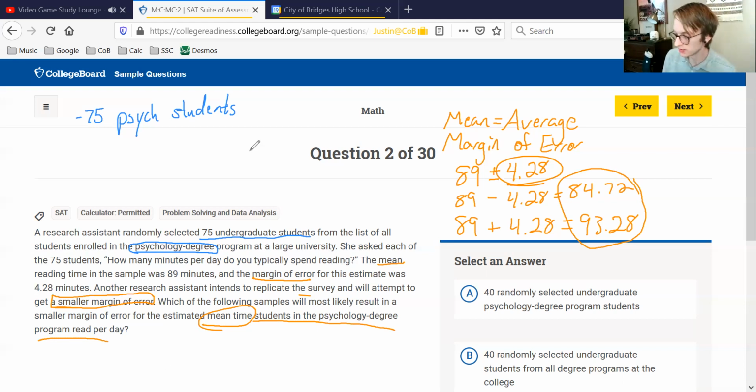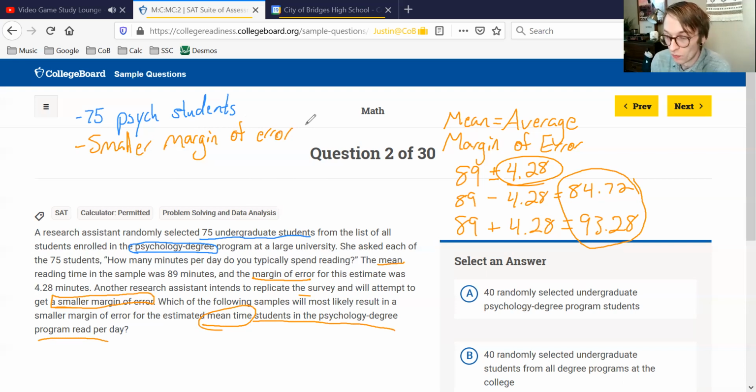What is this question asking? We want a smaller margin of error. Here's what this question comes down to. Everyone's different, right? But some of us are more different than others.